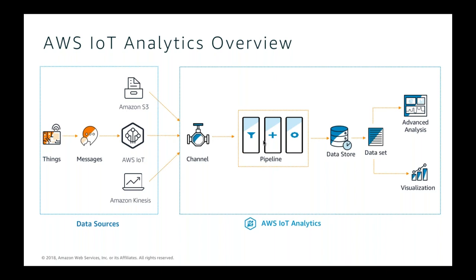So it provides native integration with SageMaker, where besides the usual algorithms and notebooks which we make available on SageMaker, or you can bring your own algorithms and your own notebooks, we also provide, in the context of IoT Analytics, some common templates, some common notebooks, such as predictive analytics and anomaly detection. I'll show you one of such notebooks around anomaly detection later on in today's demo.